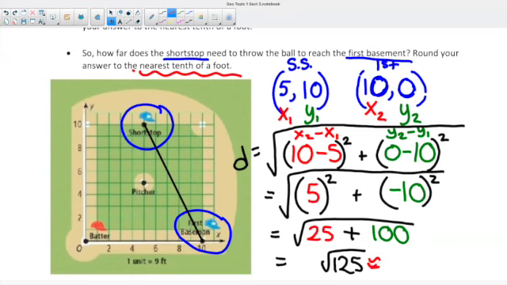This is irrational. I can only have one decimal because a tenth is one decimal place. So instead of 0.1, it's going to be 0.2 because the 8 after it, in 11.18, makes us round up. So he needs to throw it 11.2 feet.